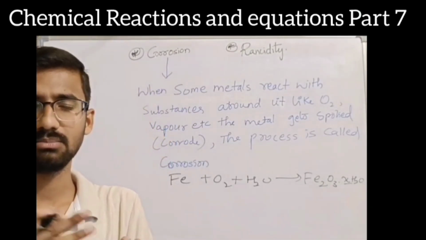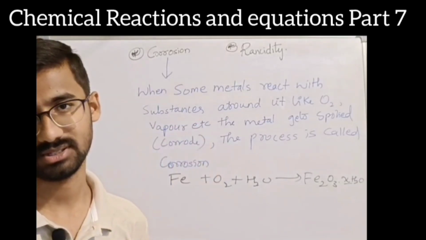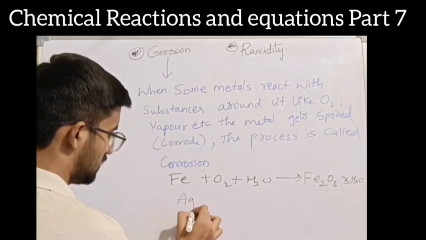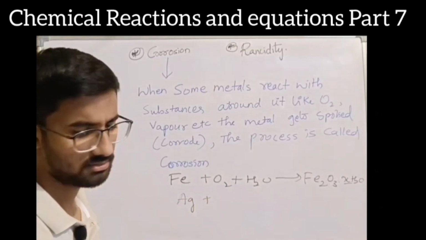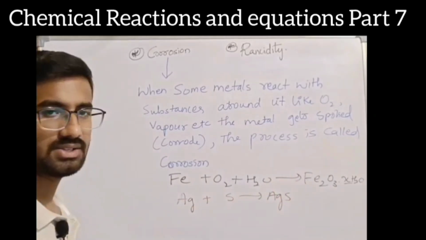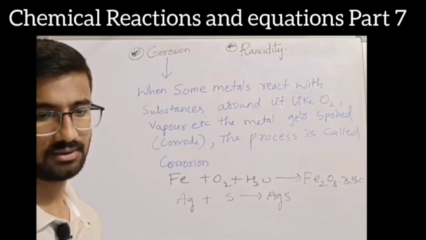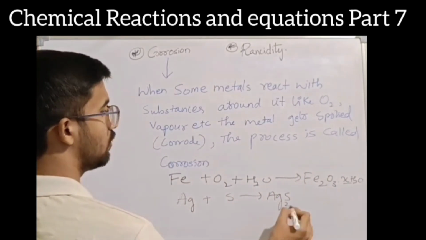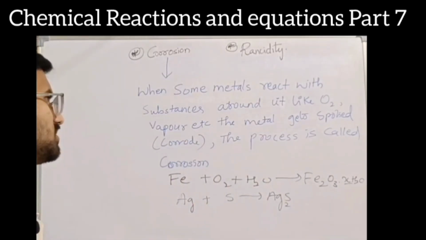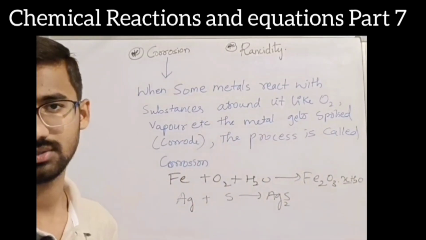Another example: silver, when it reacts with sulfur, we get silver sulfide, Ag2S. You can mention these two examples for the corrosion topic.